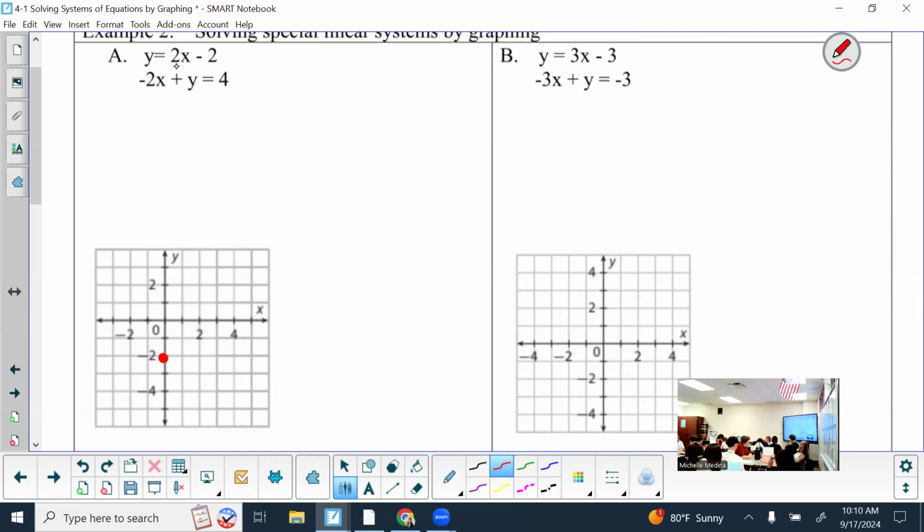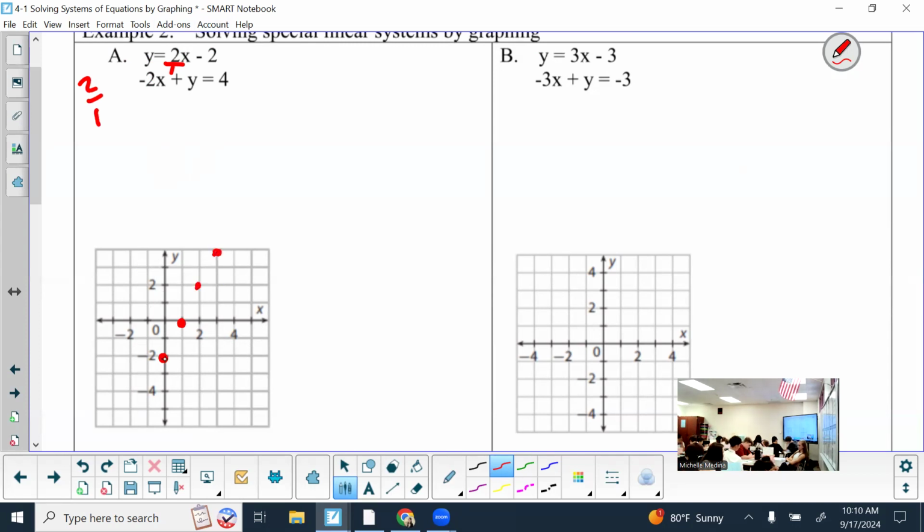Class, for this one, my slope is 2. And it's helpful to make it a fraction if it's not already. My slope is 2/1. So from my y-intercept, I am going up 2 to the right 1 because it's rise over run. Up 2 to the right 1, up 2 to the right 1.